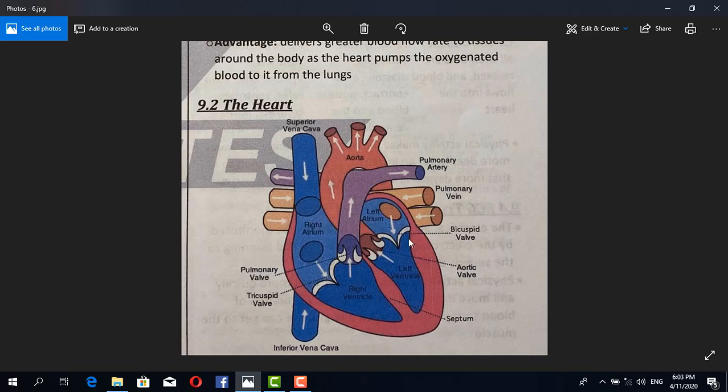It has only 2 cusps, which is bi. And here it's the tricuspid valve because it has 3. We've got the aortic valve over here, and we've got the inferior vena cava here and the pulmonary valve over here.